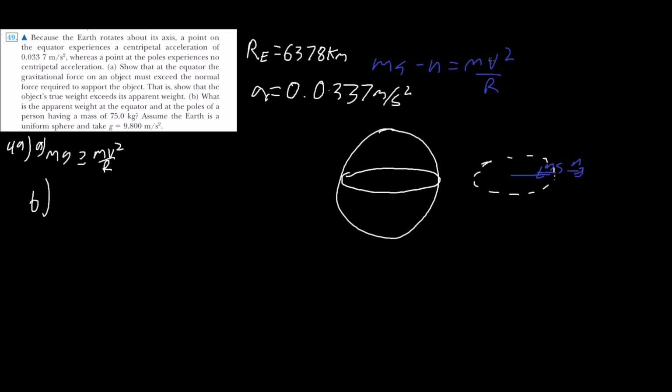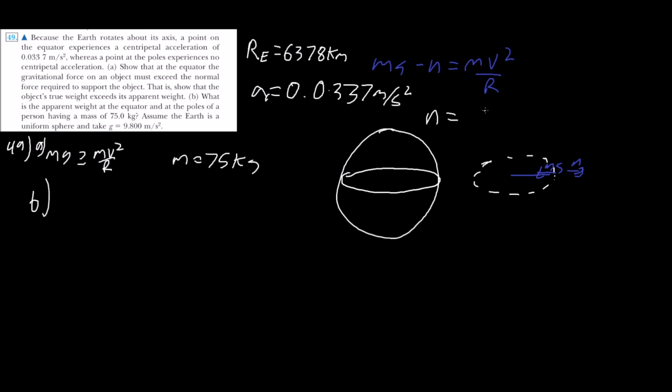What is the apparent weight at the poles? Okay, well, that's just going to be mg. The mass here is going to be 75 kilograms.